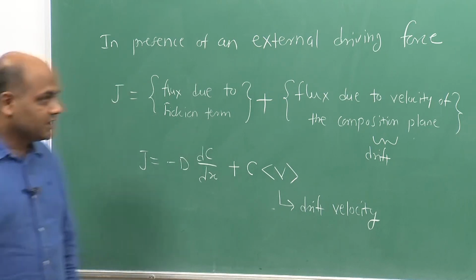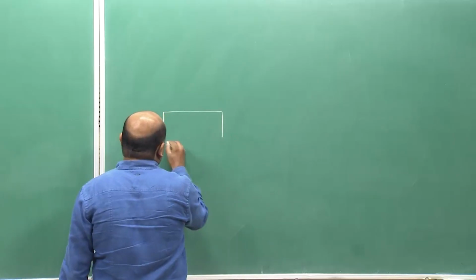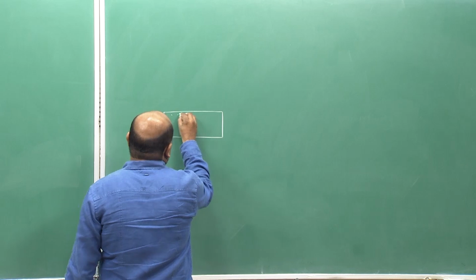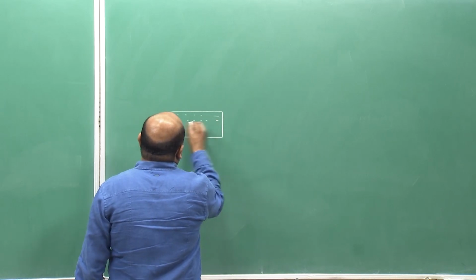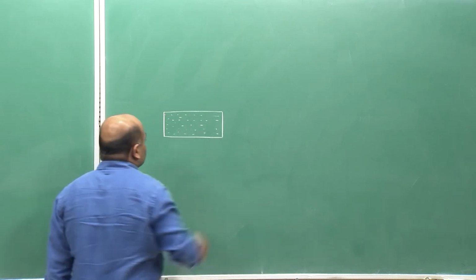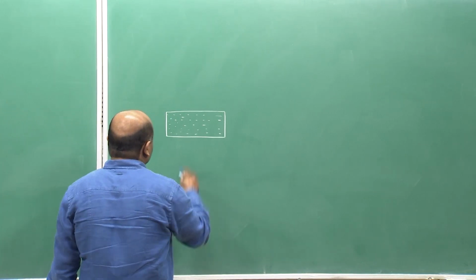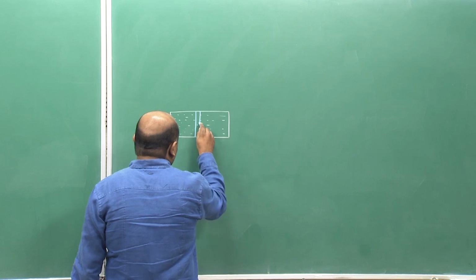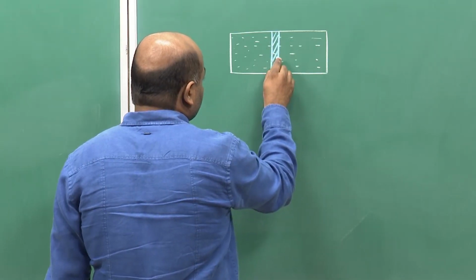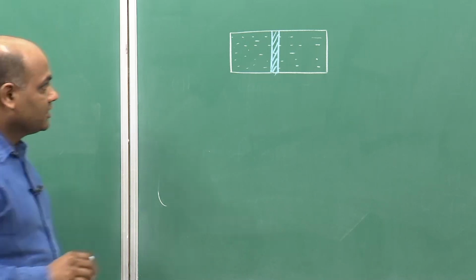So, in order to understand this more clearly, let us consider a reservoir of water which is still, okay, and suppose if I introduce a plane of ink at some position in the water, what should happen?